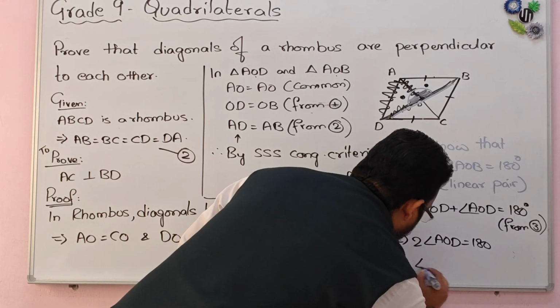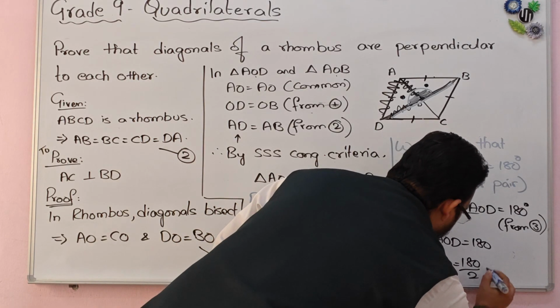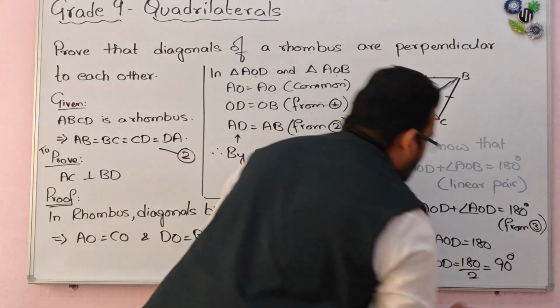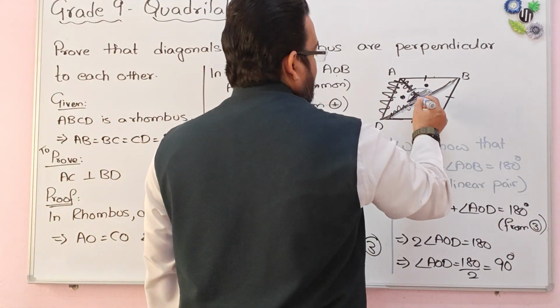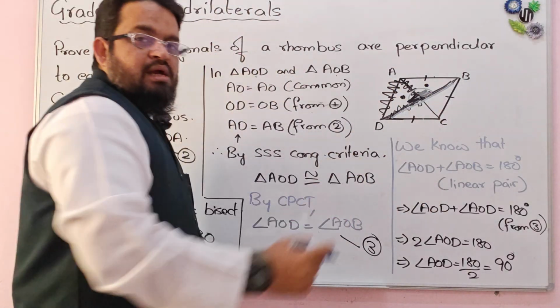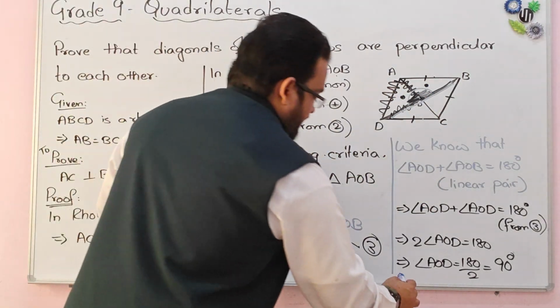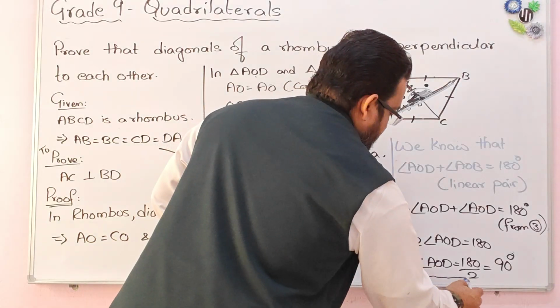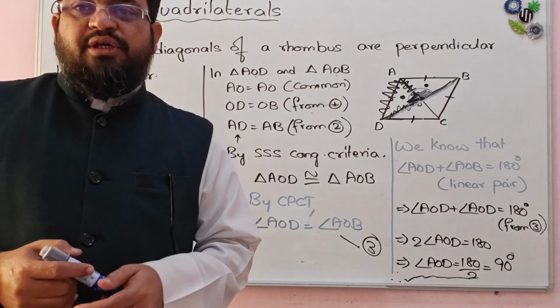That implies angle AOD is equal to 180 by 2, that is 90 degrees. Since angle AOD is 90, the diagonals are perpendicular. Write the statement: therefore, the diagonals of a rhombus are perpendicular to each other.